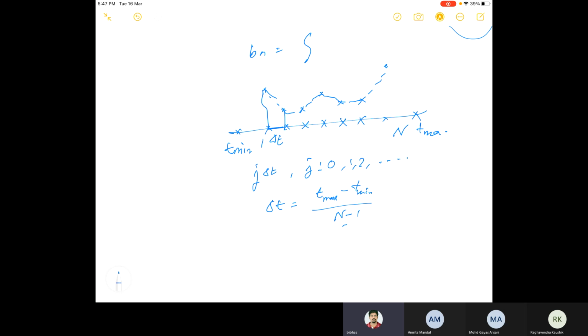It is n minus 1 because there is a point at the end and one at the beginning. j equal to 0 starts from 0, then j equal to 1 gives delta t, then 2 delta t, 3 delta t, 4 delta t, and so on up to n minus 1 delta t. So at different points, you get these values.